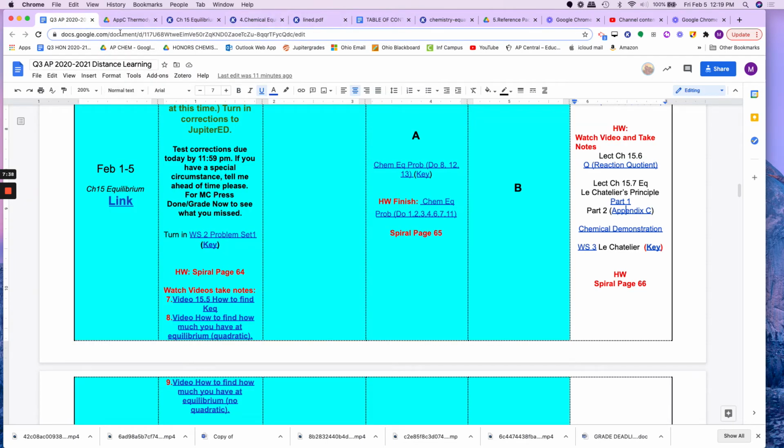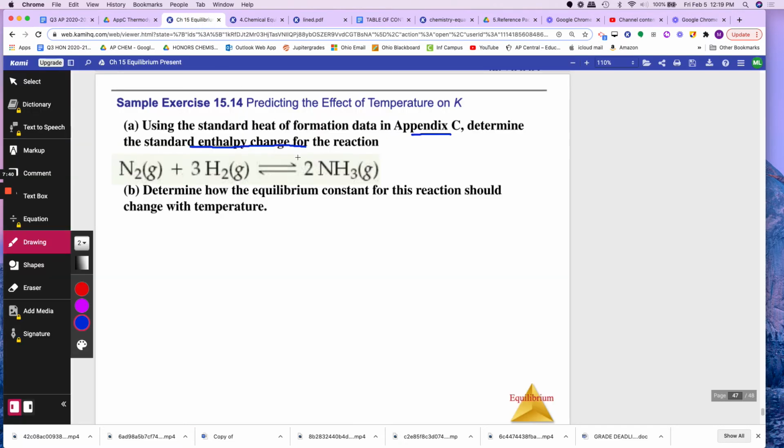So the heat of formation is 0 here, 0 here, and this is negative 46.19 kilojoules for every mole. Since there are 2 moles, I'm going to multiply that by 2.